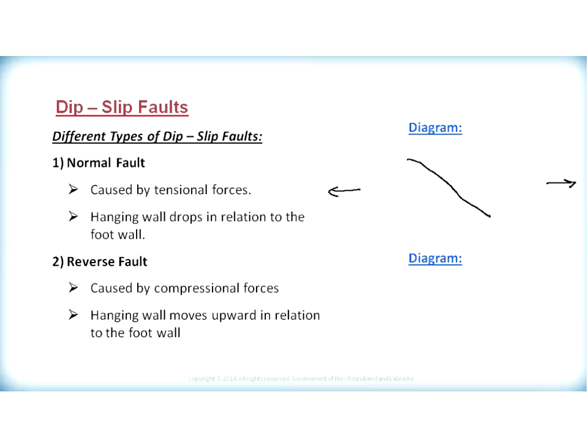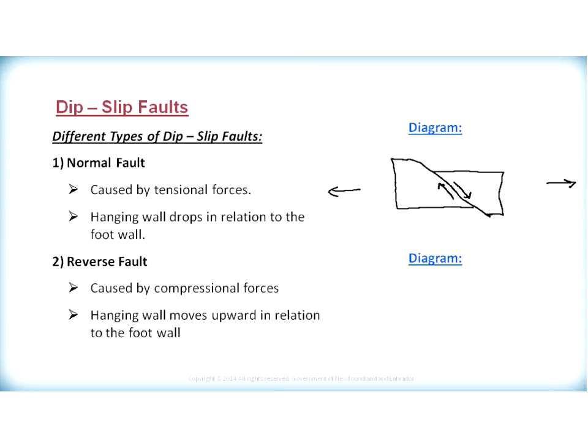The hanging wall drops down, so we can now draw in the hanging wall, which is located above the fault line, and the footwall would be located below, so we can draw that in. And we notice the hanging wall moves down in relation to the footwall.